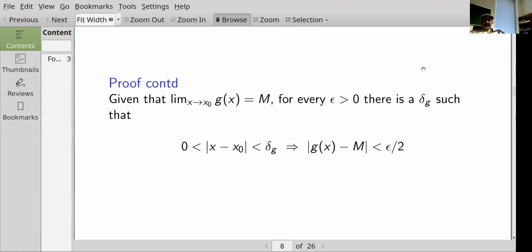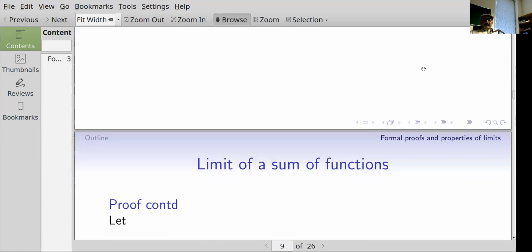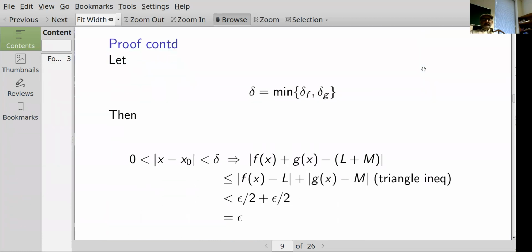Now we need to consider, if x is close enough to x naught, then can we get f plus g arbitrarily close to L plus m? Okay, so we need a delta.